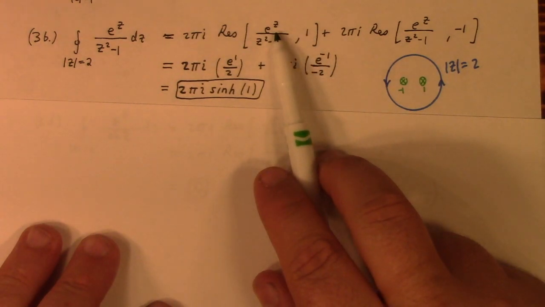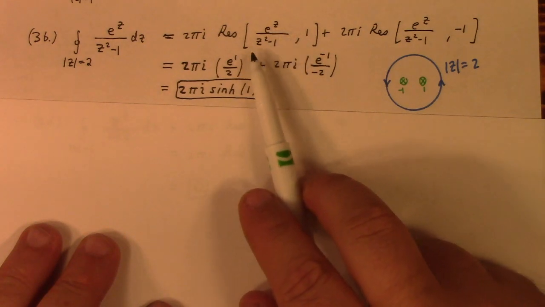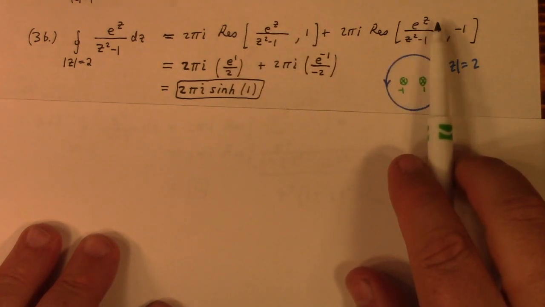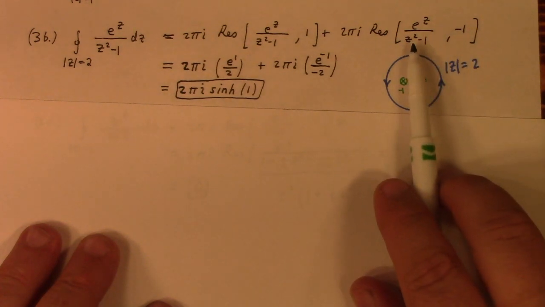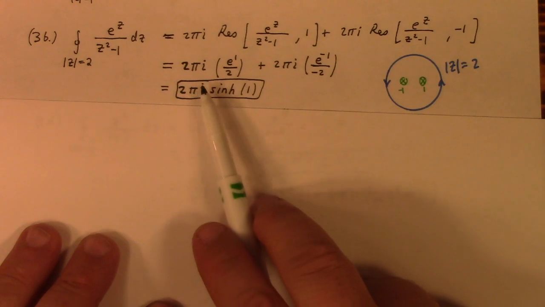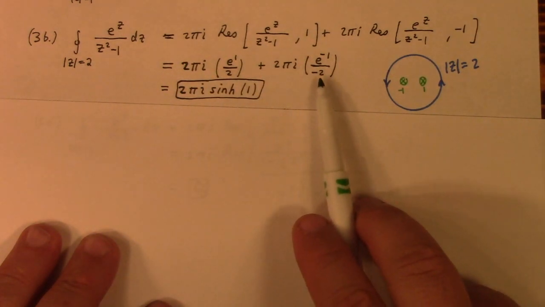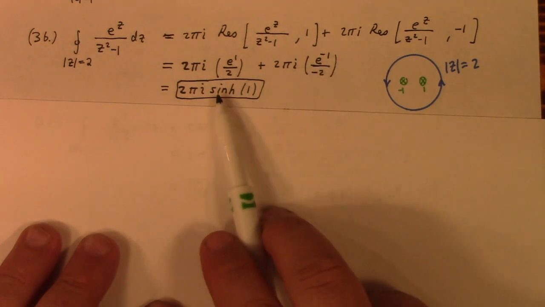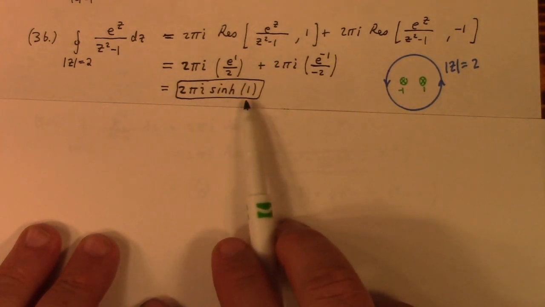So the function on the top is e to the z, the derivative of the denominator is 2z. So we have e to the 1 over 2, and when we plug in minus 1, we get e to the minus 1 over 2 times minus 1, which is minus 2. And so, lo and behold, we've got a 1/2 e and a minus 1/2 e to the minus 1. Well, that's exactly the hyperbolic sine. That's sinh of 1, because we've got a common 2 pi i, and so there you go.